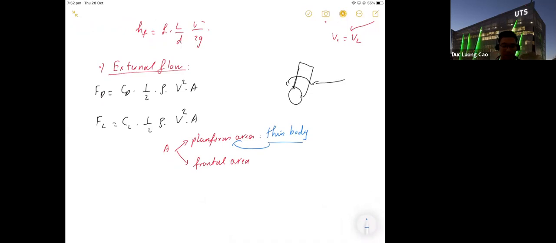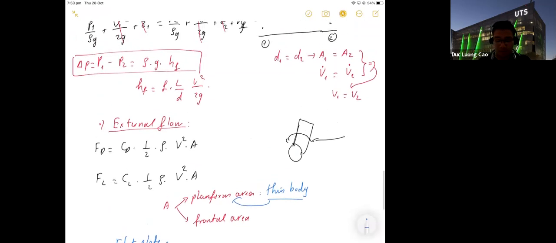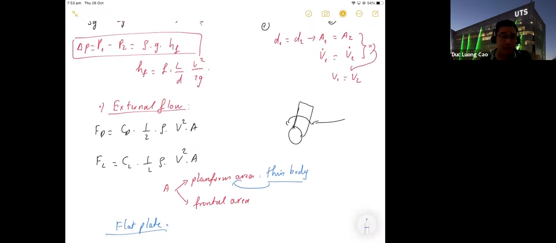Okay, flat plate. You can see the summary at the beginning of this tutorial. So that's everything, all the equations you have to remember.